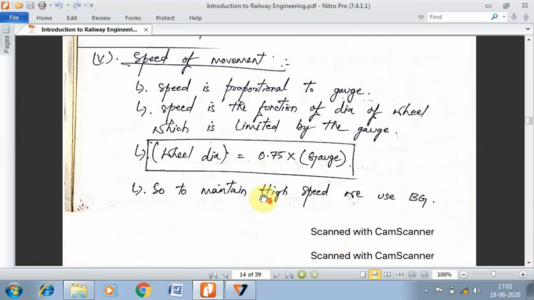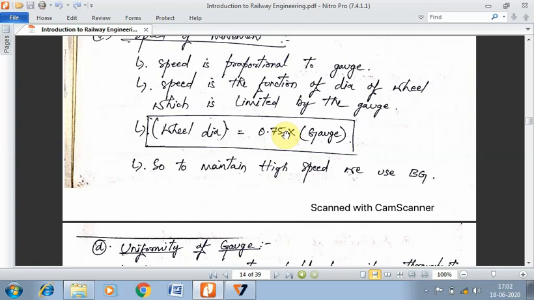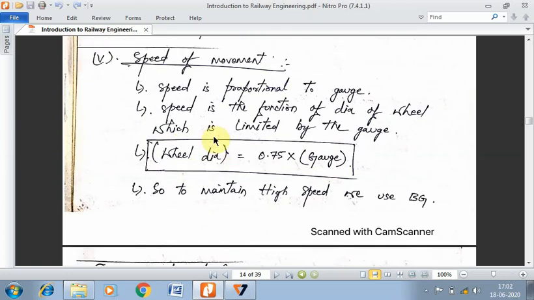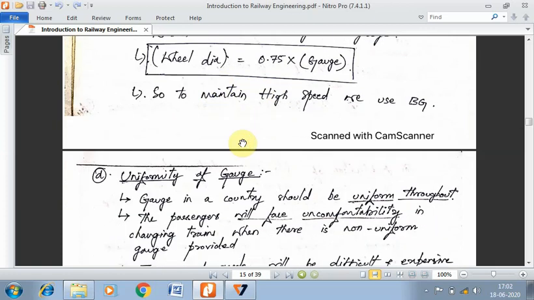So to maintain a high speed on a broad gauge, say 0.75 multiplied by 1.676 would give you the diameter of the wheel needed to achieve the desired speed on the railway track. This is basically for stability.